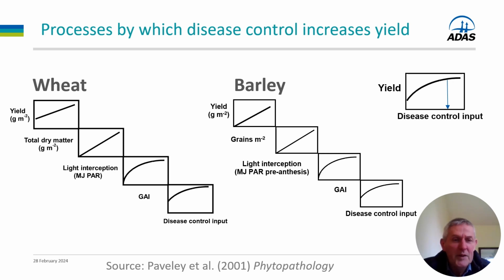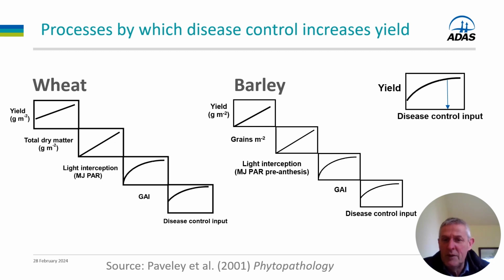That then allows us to look at the relationship between the disease control input and yield. So looking at the bottom axis and the top axis of our series of charts, if we plot those in the chart top right, we can see that our disease control input relates to yield through a curve because of the curvature of our effective disease control on GAI, and because of the curvature of Beer's law.